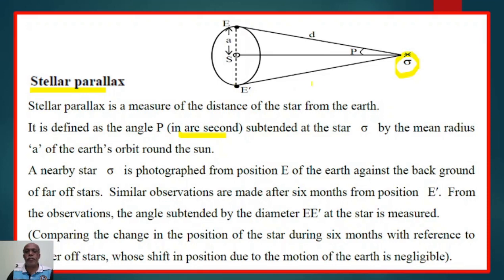From these observations, the total angle is measured, that gives 2P, and half of that is P, comparing the change in position of the star during 6 months with reference to the fainter background stars whose shift in position due to the motion of the Earth is negligible.